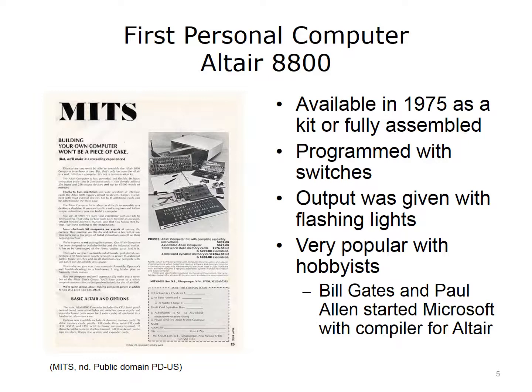It was programmed with switches and output was given with flashing lights. Hobbyists, many of whom had worked with large computers at their jobs, flocked to these kits. Bill Gates and Paul Allen were some of these original hobbyists who developed a compiler for the Altair. They launched Microsoft to sell this compiler.